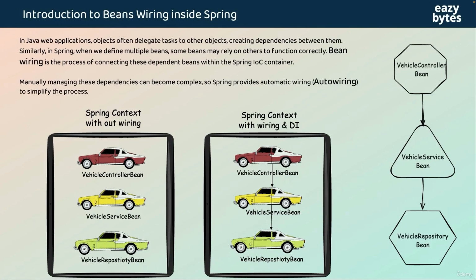Before we discuss how to establish the dependency between the beans, first we need to understand why beans can't survive independently. Why do they need dependencies? As you can see here, I have a flow. Usually inside any backend application, there'll be a controller layer followed by a service layer and a repository layer.